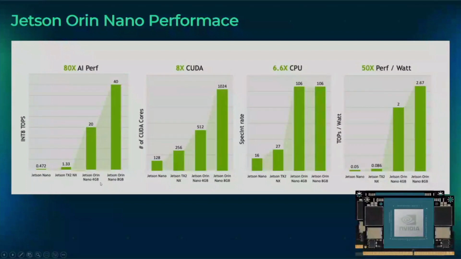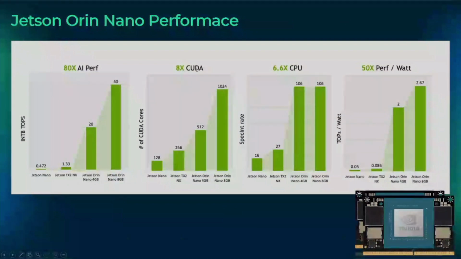And the Jetson Orin Nano 8GB will have an 80 times performance increase. This is in TOPS, and 40 means the jump will be 80%, because this is 0.472, so you need to divide this by 2. So this is 80%, and this 4GB one is 40%.